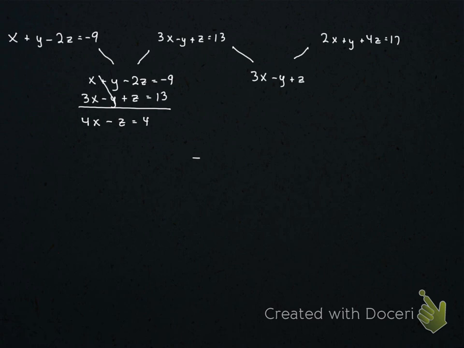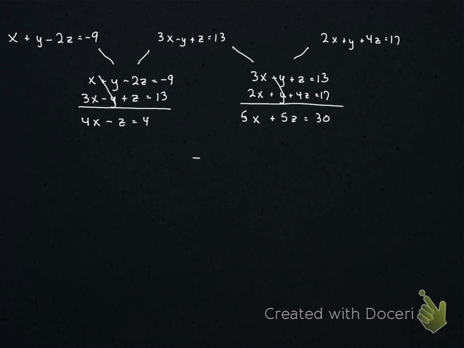And it again just so happens that these two will automatically eliminate the y, just like it did in the first two equations. And we're left with 5x plus 5z is equal to 30.